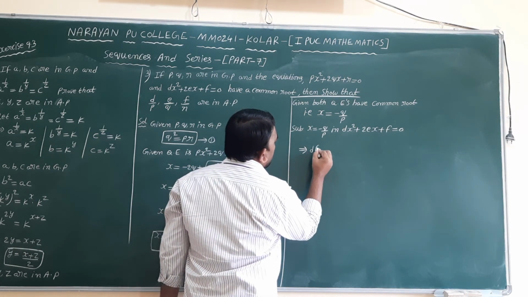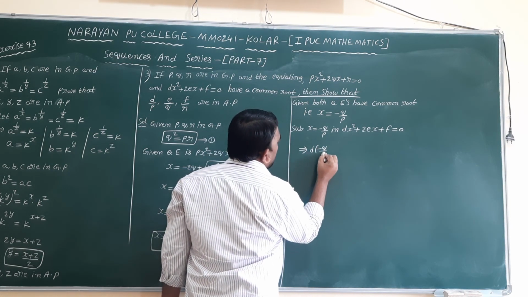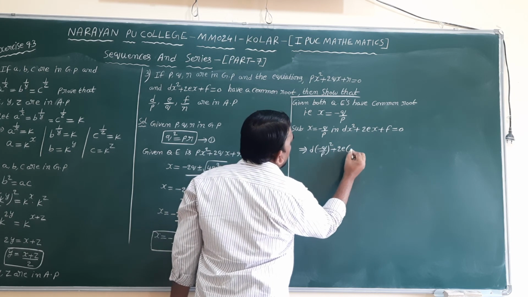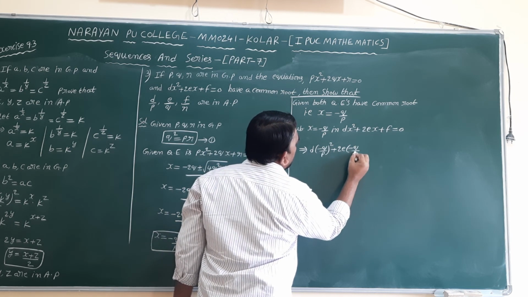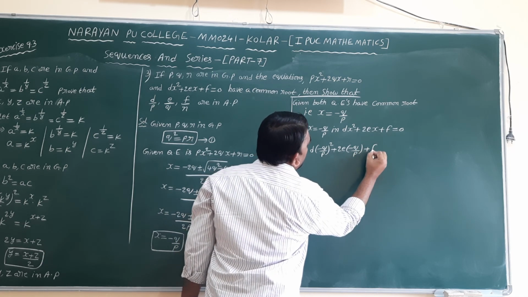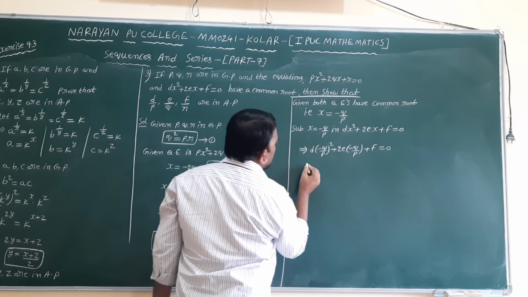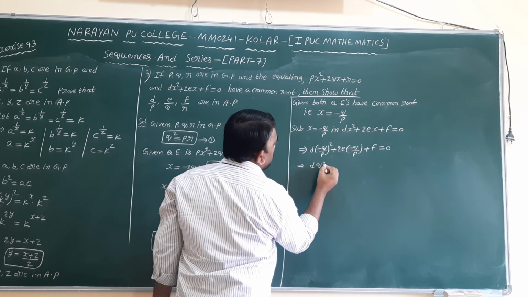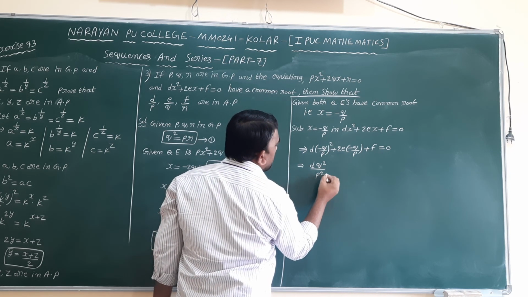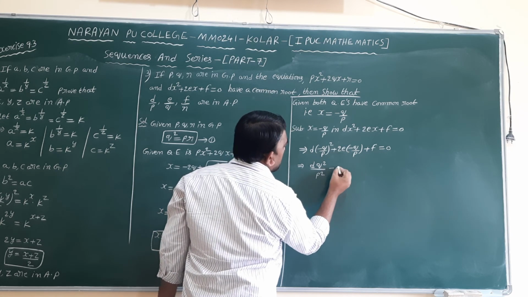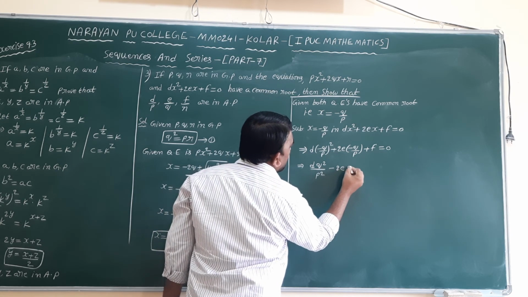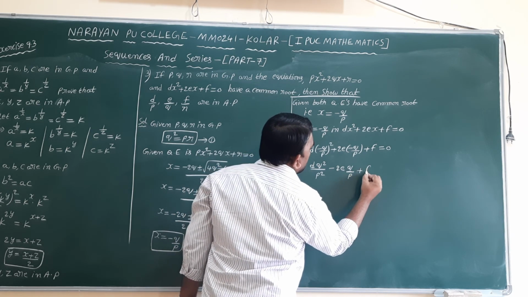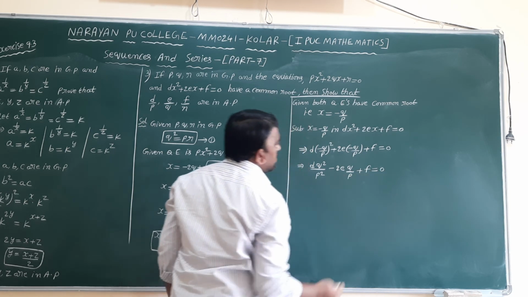D into minus q by p whole square plus 2e into minus q by p plus f equal to 0. Simplify that: d q square by p square, plus minus 2e q by p, plus f is equal to 0.